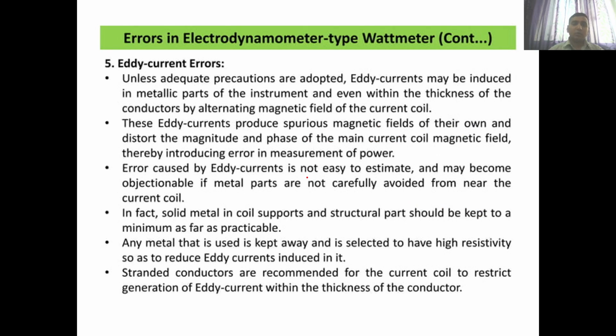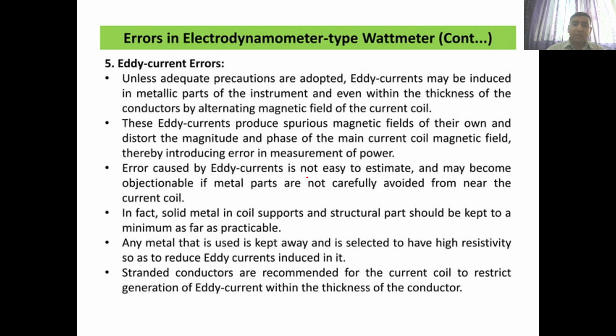Now, the effect of eddy current errors. Both the fixed coil and the moving coil system are wound on some core. When we assume this core to be a thick metallic part, the magnetic field due to the AC current is alternating.